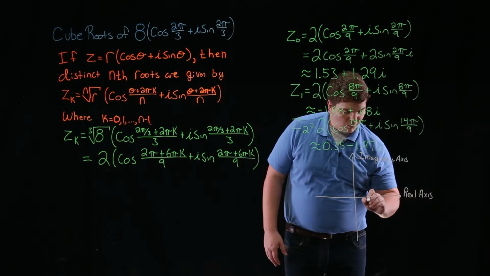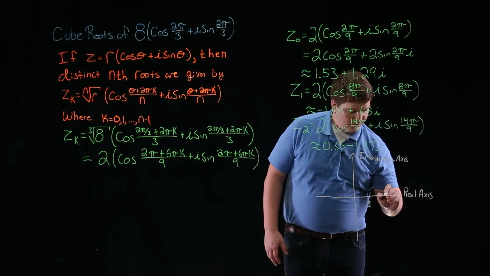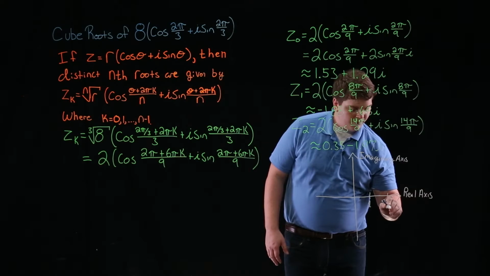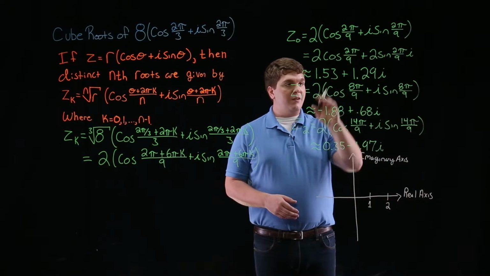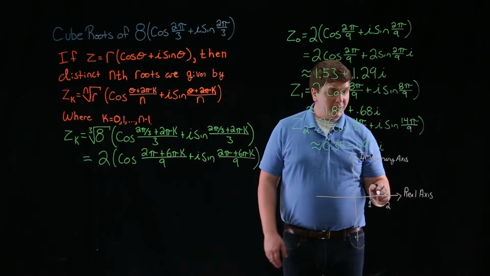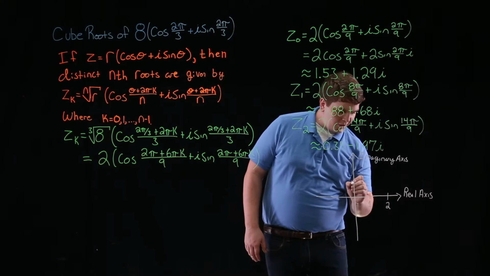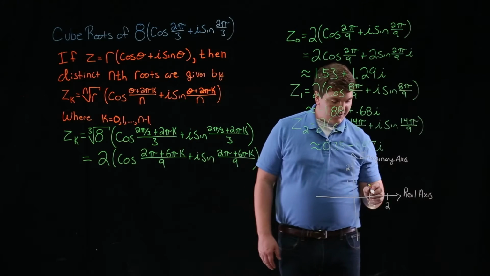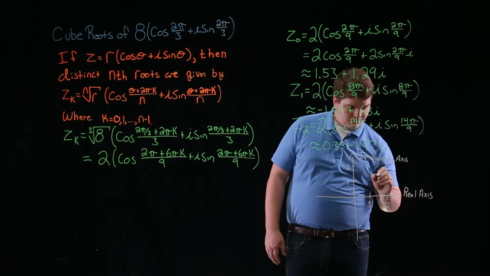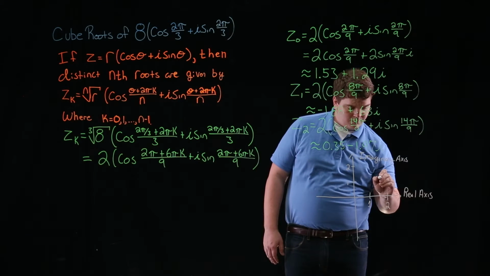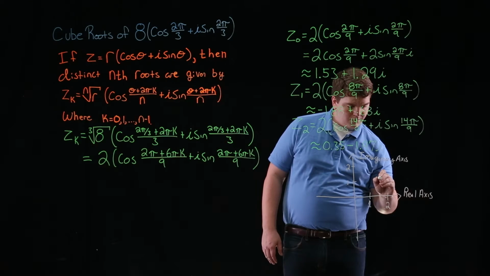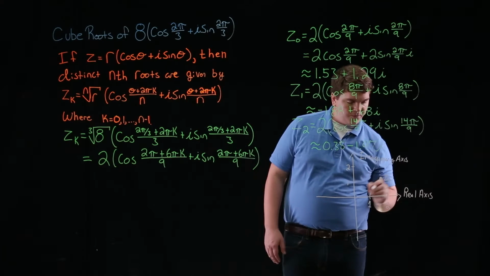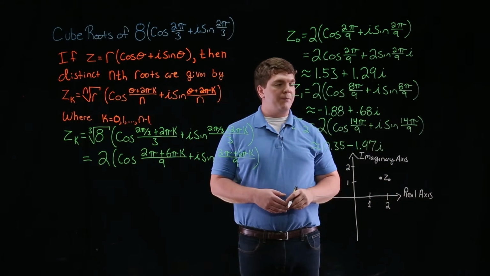So let's say this is 1 and 2. So we'll be at approximately 1.5 on the real axis, and we're going to come up 1.29 on the imaginary axis. So our first root, z0, occurs right there.